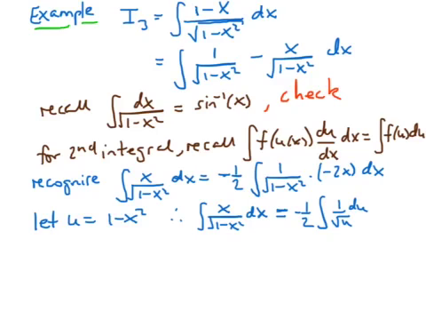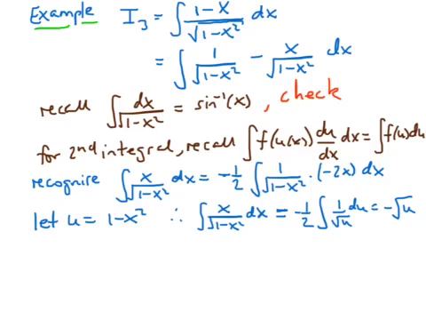To integrate that, I add 1 to it, which will give me u to the plus a half, and I then divide by the new power, and dividing by a half is going to give me 2. The 2 and the half up front are going to cancel, so I'm left with this minus sign and a square root of u on the top. So this is equal to minus the square root of u, and the square root of u just means the square root of 1 minus x squared.